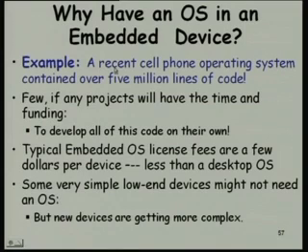Just consider a cell phone operating system. This is one topic we will discuss later, the kind of operating systems that are being used in cell phones, commercial phones. The code is over 5 million lines of code, thus the operating system that is being used.